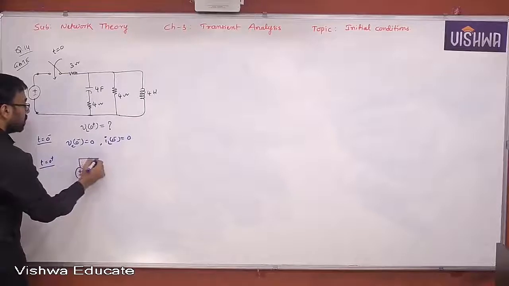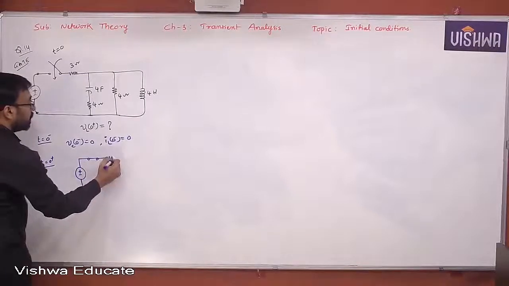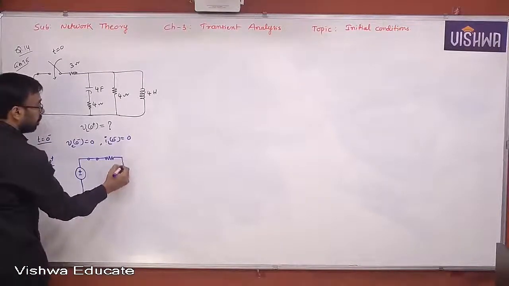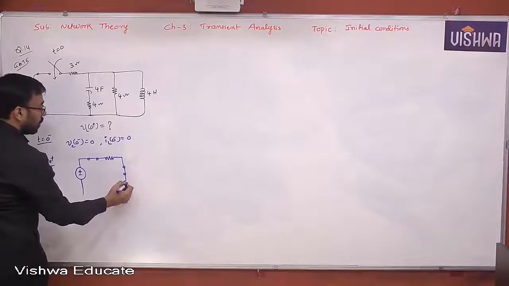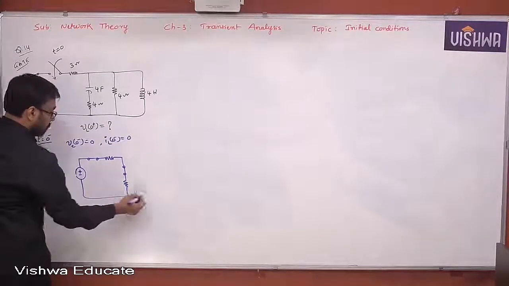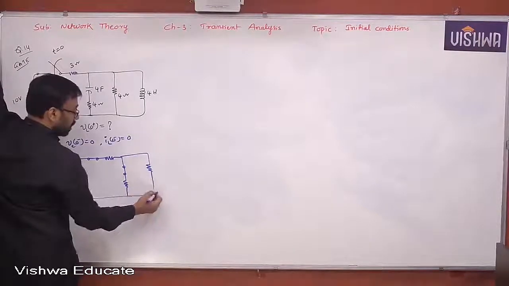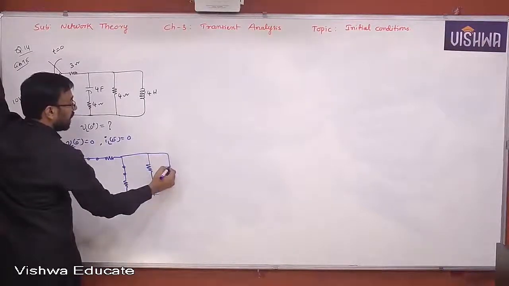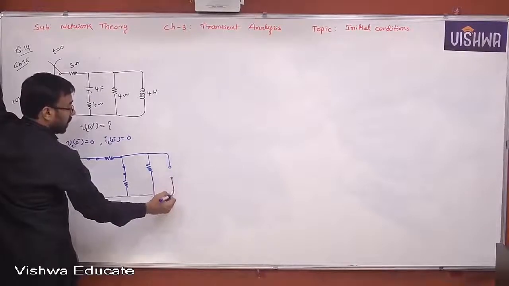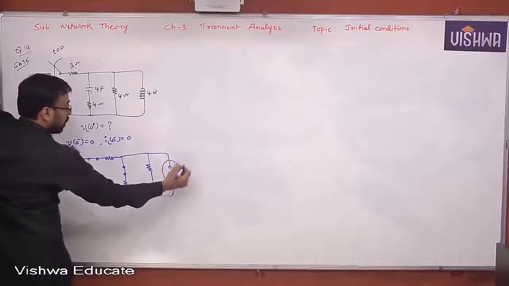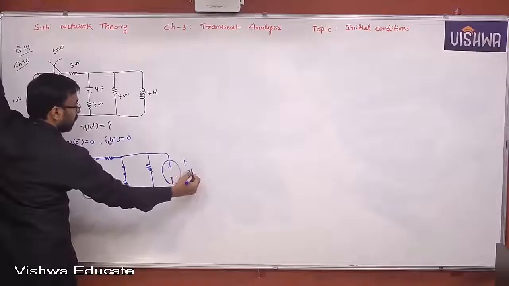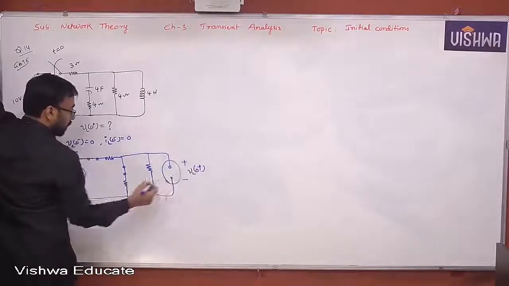The switch is closed, resistor remains resistor, capacitor behaves like a short circuit, the resistor remains resistor, and the inductor behaves like what? Open circuit. Here is the inductor physically available. Now this is VL of 0 plus that you are supposed to determine.